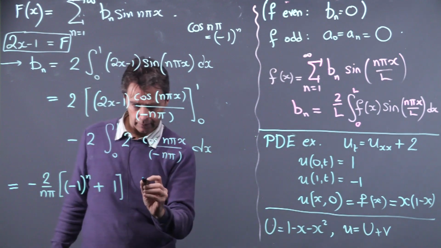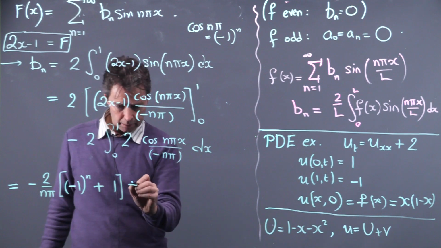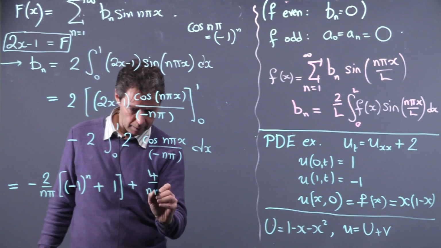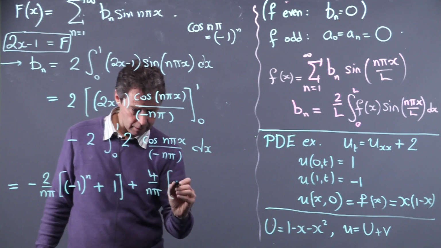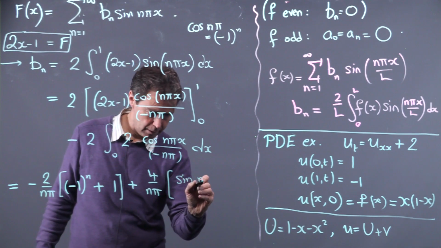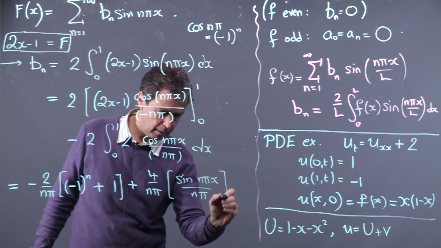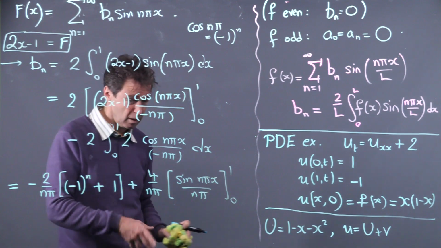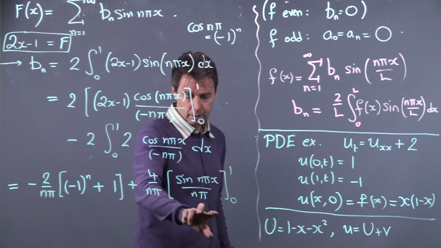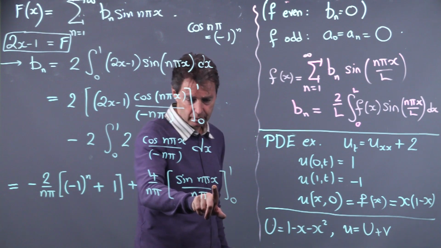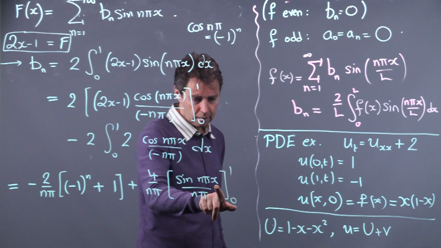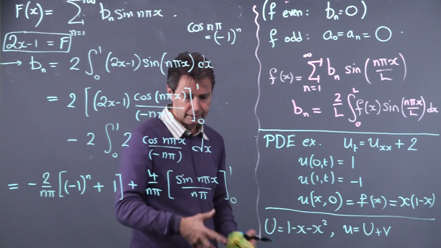Now this final thing here, that's plus 4 over n pi. Integrating a cosine gives me a sine. There's another n pi. I'm going between 0 and 1. However, I don't even really need to think about this, because if I put 0 in there, I get 0. And if I put 1 in there, I get sine n pi, which is again 0.